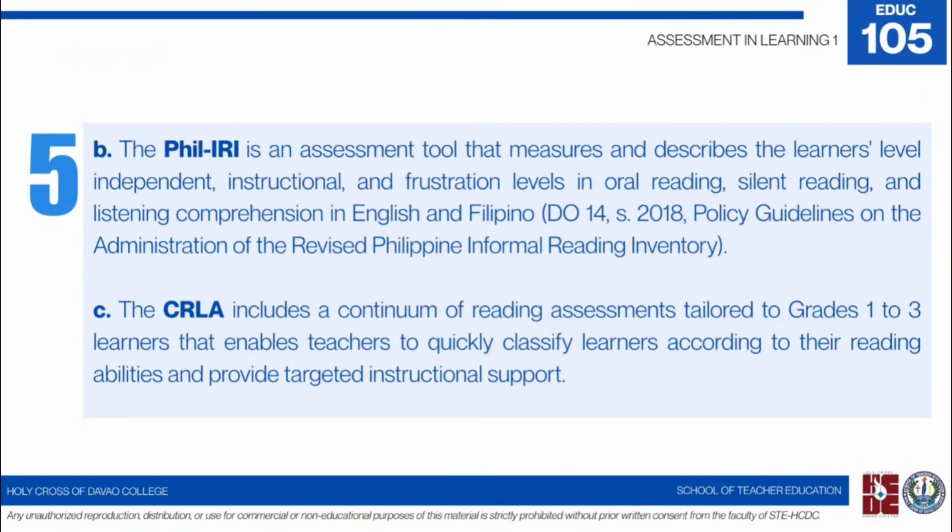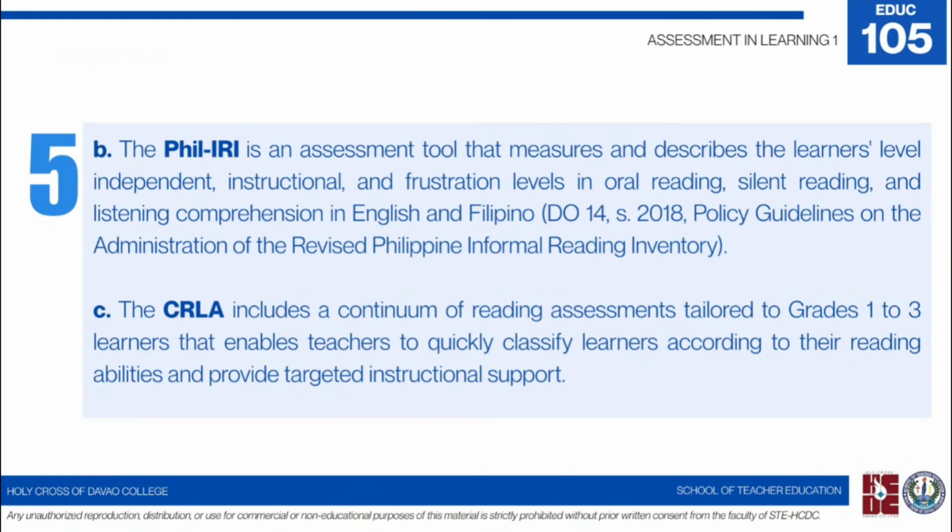The independent level refers to the reading material that the student can read easily and fluently on their own, with minimal errors and high comprehension. The instructional level refers to material that is appropriately challenging, where the student needs some teacher support but can make progress with guidance.